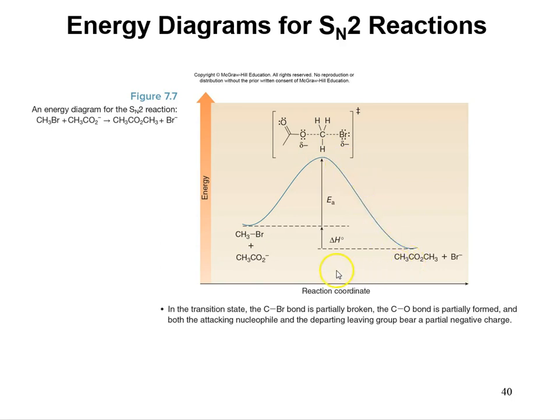The energy difference between the reactants and the transition state is called the activation energy, and the energy difference between the products and the reactants is the enthalpy of reaction, estimated from bond dissociation energies.